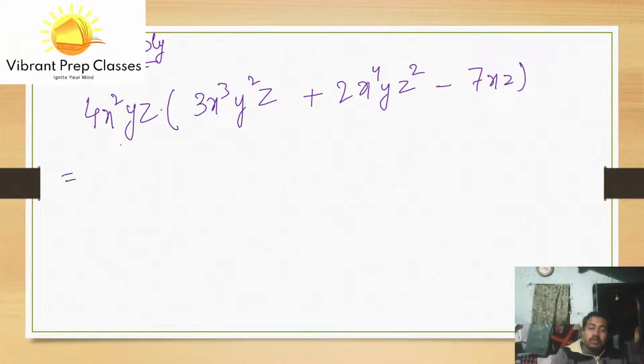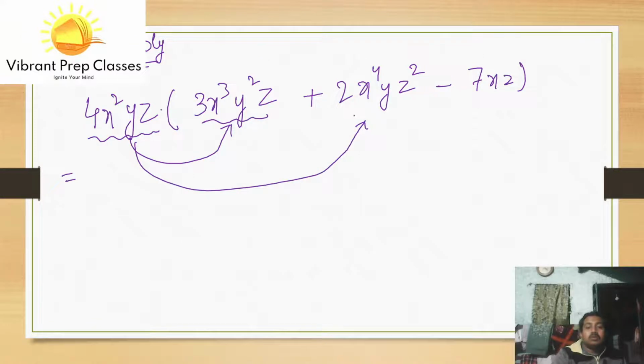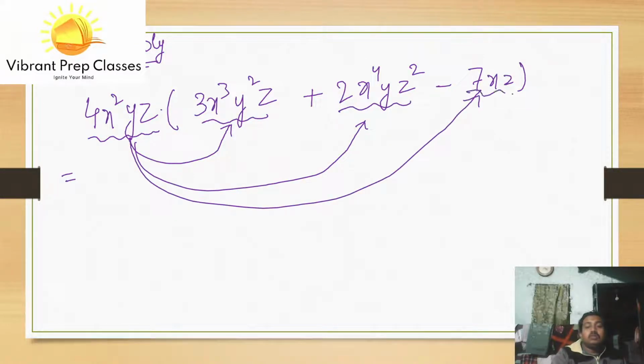For multiplication, we can multiply this term with each of these terms, whichever is kept under the bracket. Suppose if it is 4 terms, we'll multiply this 4x square yz with each of them separately.